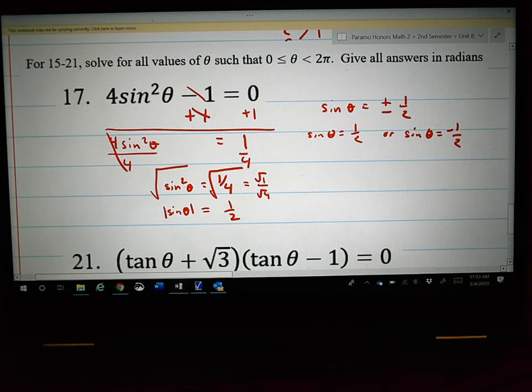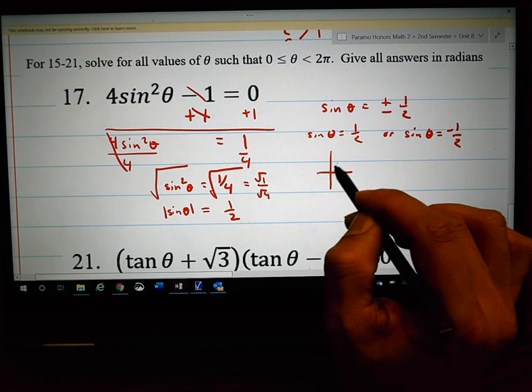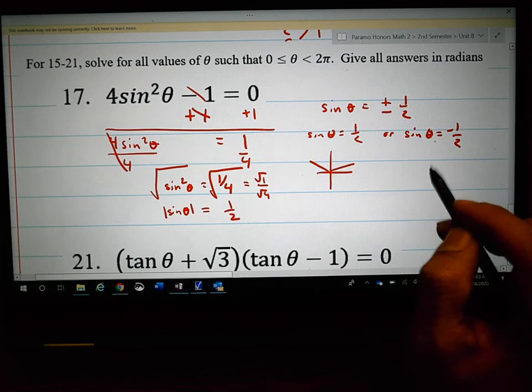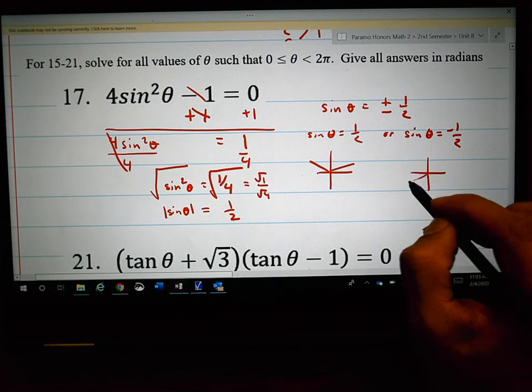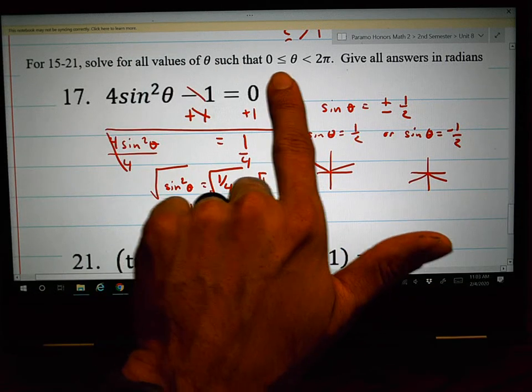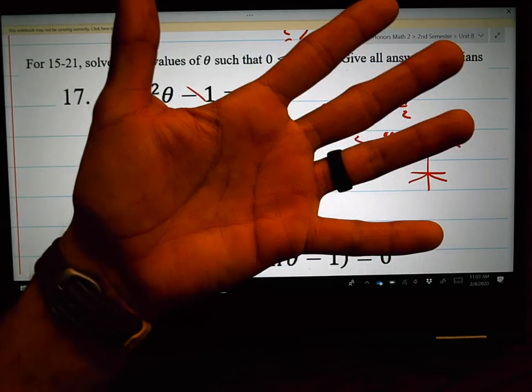There are 2 places where the sine's positive. There are 2 places where the sine is negative. We need to find all the solutions between 0 and 2 pi for our answer. We need a sine ratio that's 1/2.